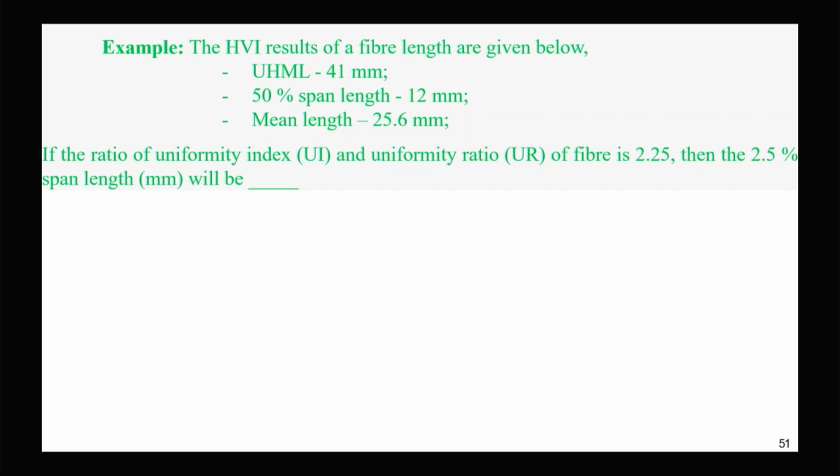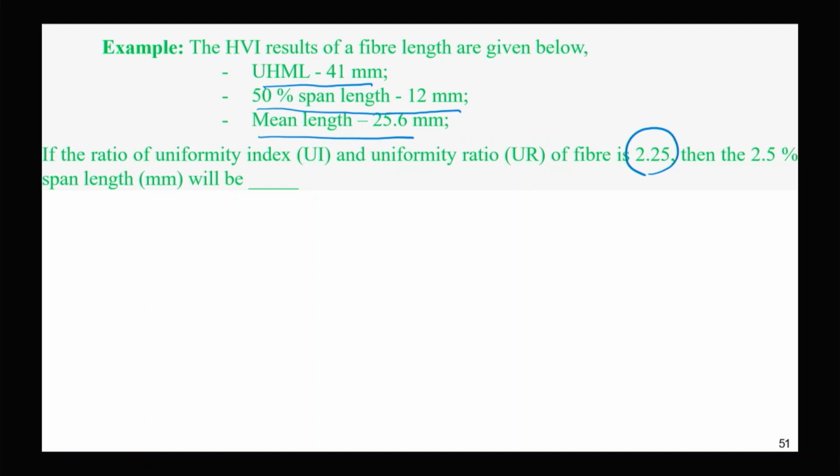Another numerical: the upper half mean length is given, the 50% span length is given, and the mean length is 25.6. The ratio of uniformity index and uniformity ratio is 2.25. So here the ratio is given.